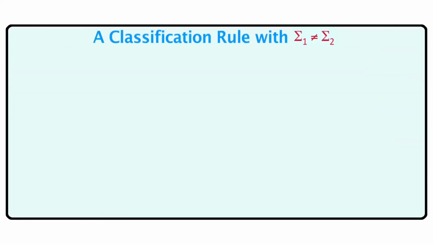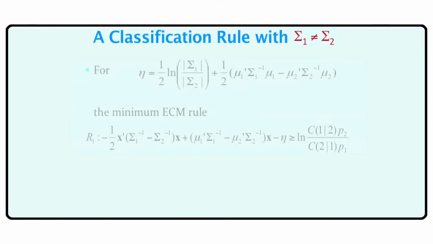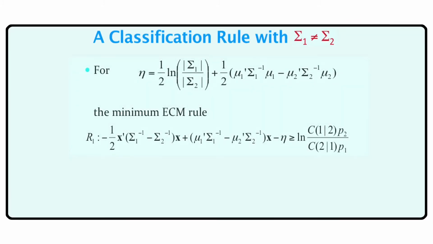Now let us look at a classification rule where the dispersion matrices are different. The method in this case would be similar, and we'll define eta as this function here, which involves only the parameters mu and sigma.